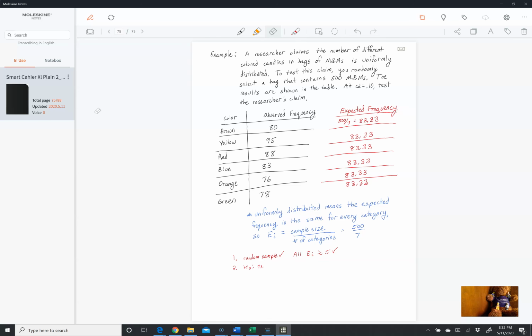The expected distribution of colors is uniform, with each color having 16.7%. Okay, how did we find 16.7?